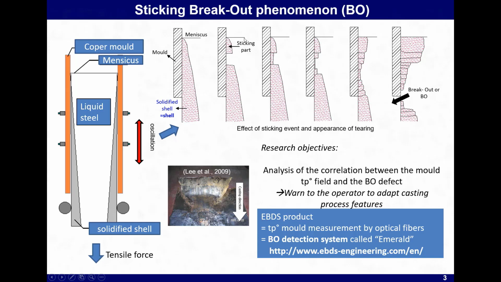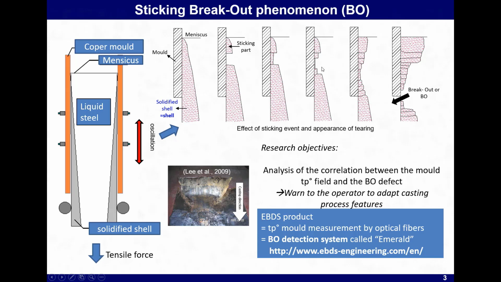Because of the crack, liquid steel comes into contact with the mold, and you form a very thin shell here. But as it's very thin, when the slab is going down and you again have a maximum difference between the relative velocity of mold and slab, then you break again.